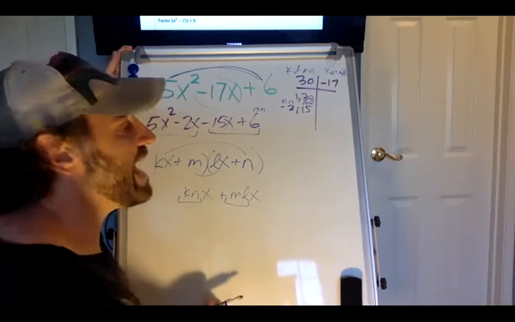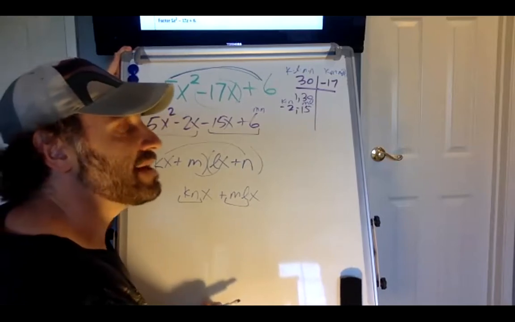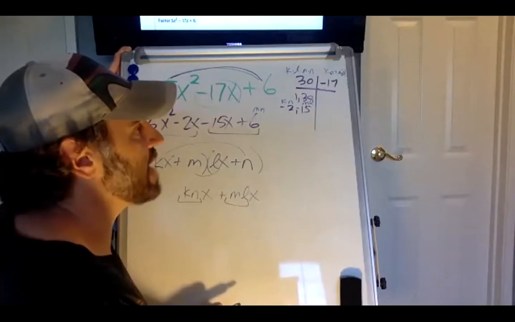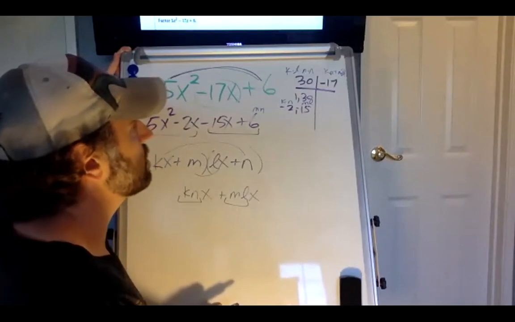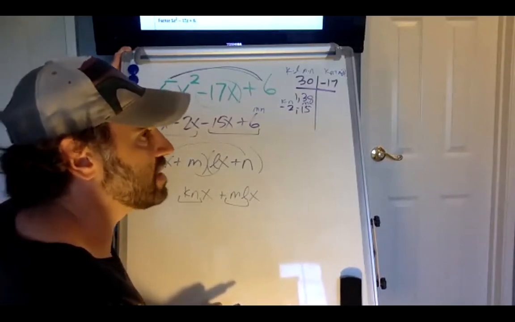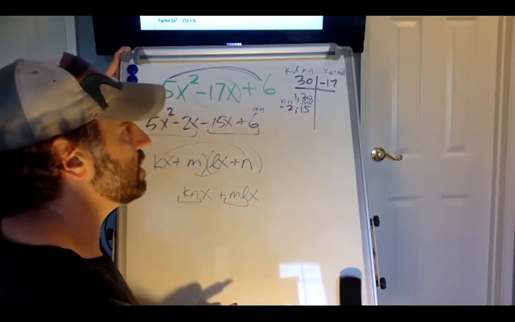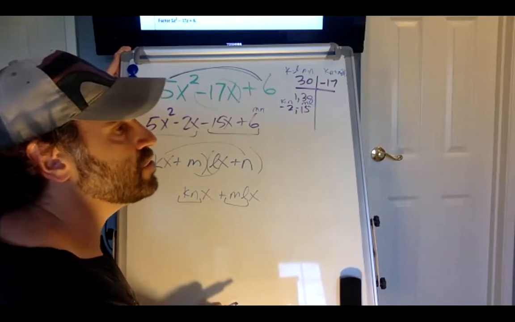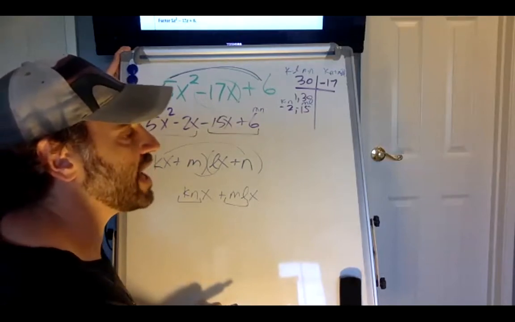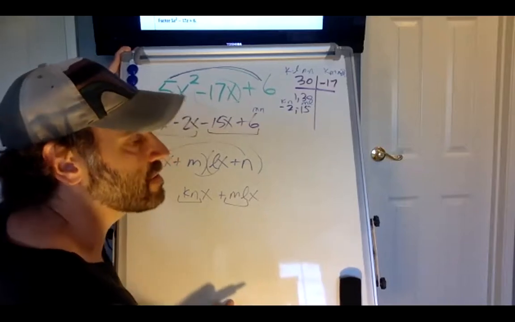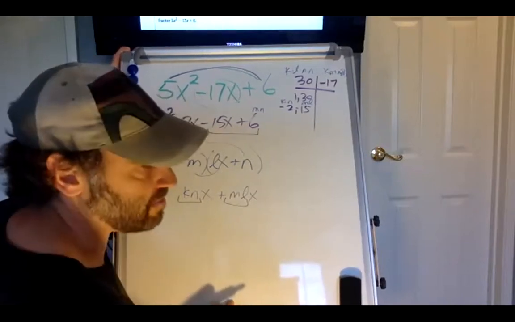So K and L are interchangeable, and M and N are interchangeable. K could be L and L could be K. Once you know what K is, then L has to be the other factor. Once you know what M is, N has to be the other one.